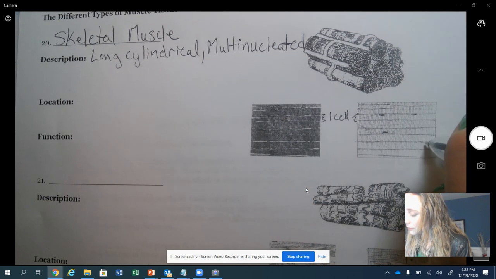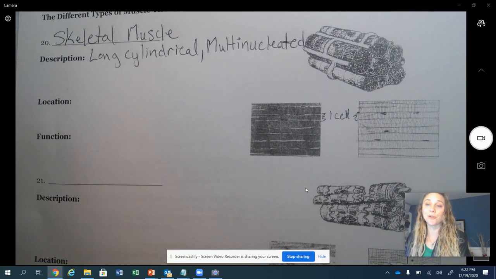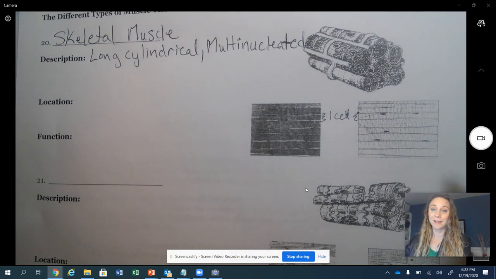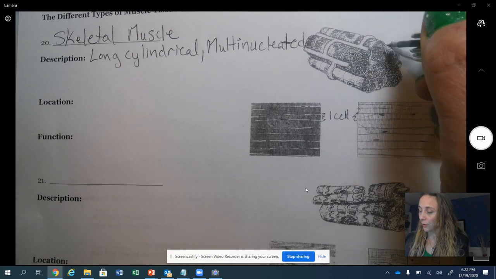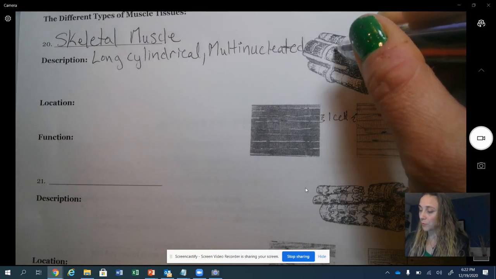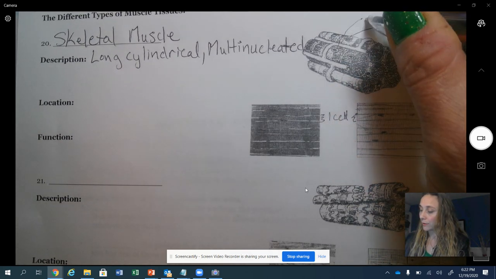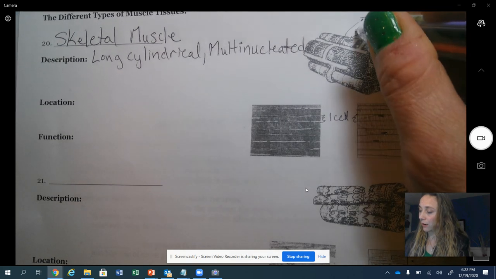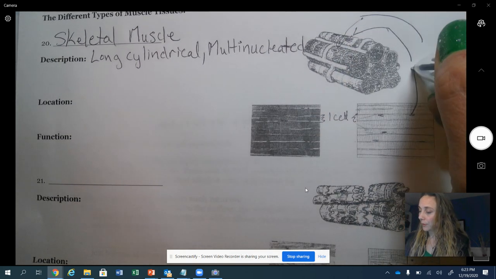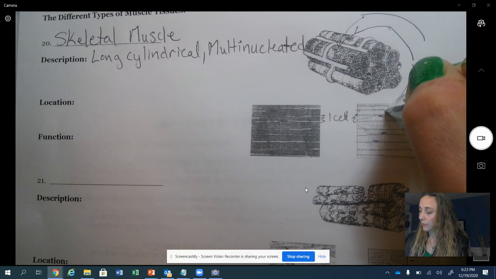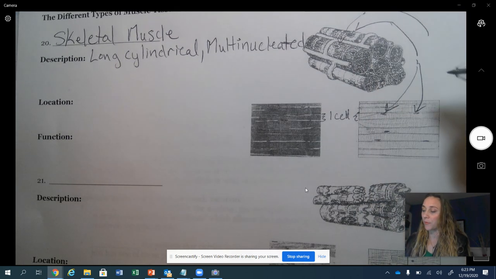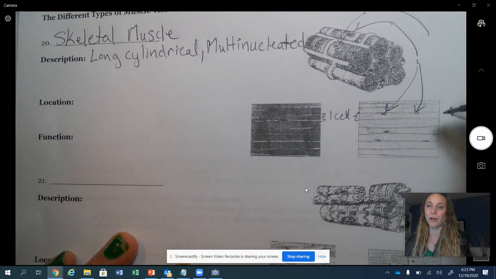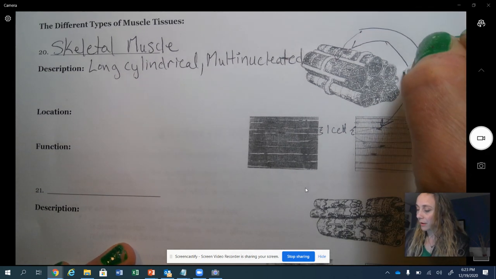Those are the nuclei that are kind of shoved to one side. And over in this cartoon, a three-dimensional drawing of the muscle tissue, those are supposed to be the nuclei. I just wanted to give you an idea of what it looks like three-dimensionally, and individual cylinders of muscles that are bundled together in fascicles and such. Okay, so this is skeletal muscle.